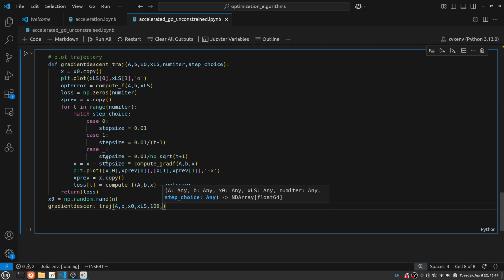Say run this for 100 iterations, and I choose a constant step size.